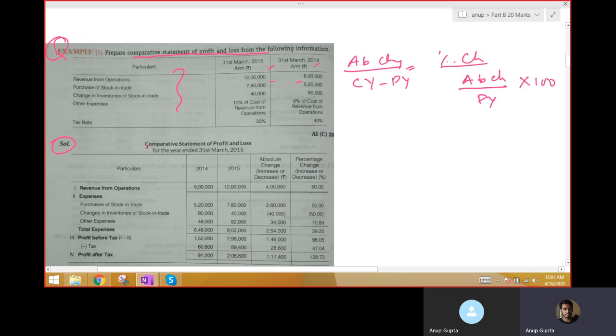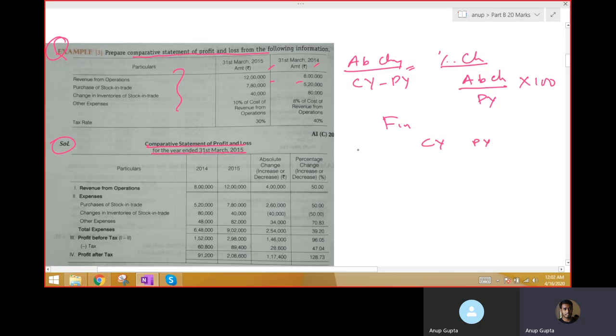So we start by writing comparative statement of profit and loss for the year ended 31st March 2015. In a financial statement, we first write the current year amount and then the previous year.